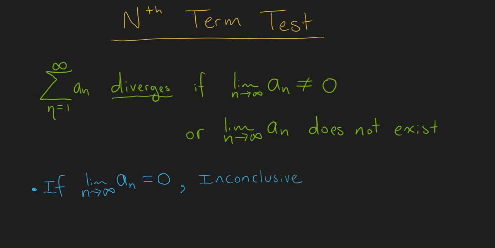We cannot use the nth term test to determine that a series converges. We can, however, use this test to determine that a series diverges. In the case that the limit equals 0, it's inconclusive, and we need to move on to another test.